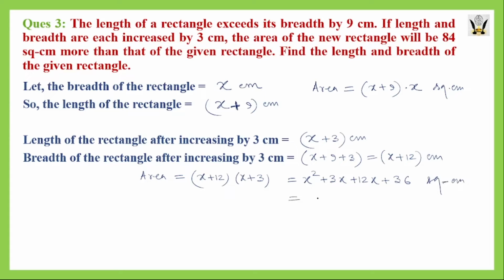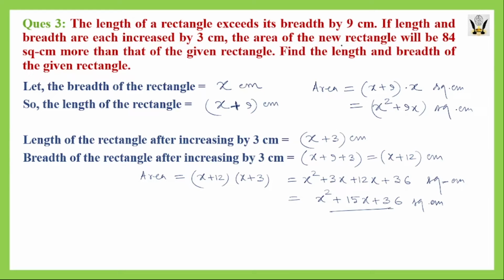If we simplify further, it will be x square, then 15x, then 36, square centimeter. Initially the area of the rectangle was x square plus 9x, this much square centimeter, and now the area is what we have obtained here.